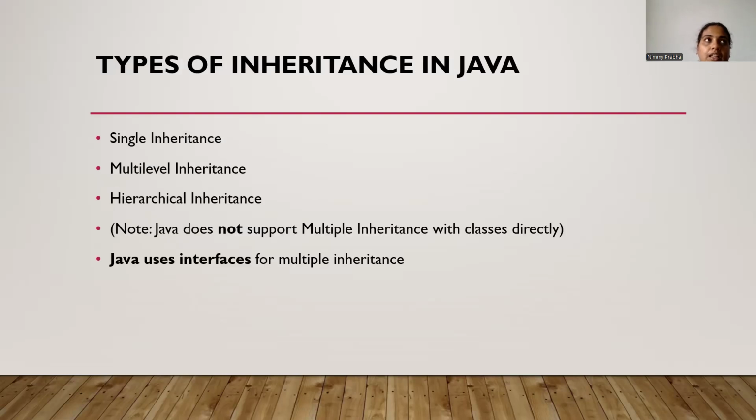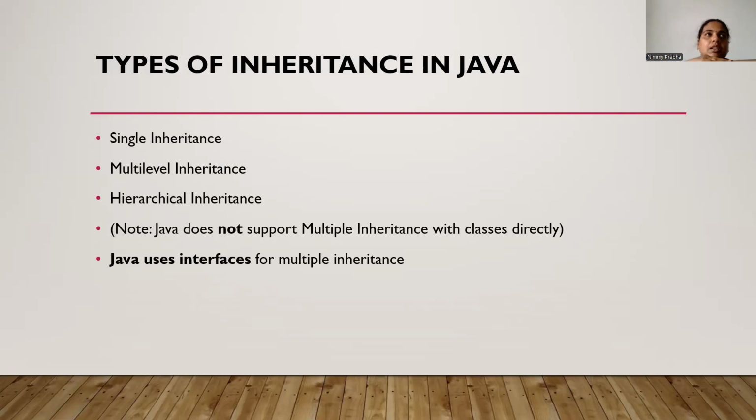In inheritance, different types are there: single inheritance, multi-level inheritance, hierarchical inheritance. We already discussed that. Java uses interfaces for multiple inheritance, and in Java, multiple inheritance is not supported directly with classes. What is multiple inheritance?